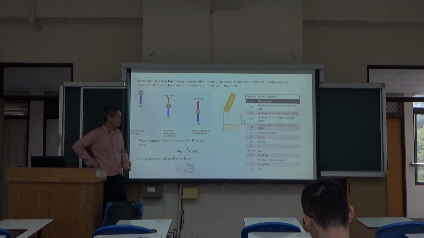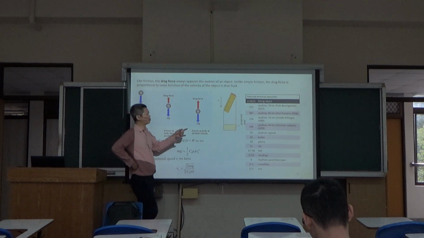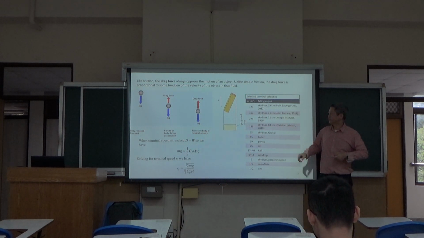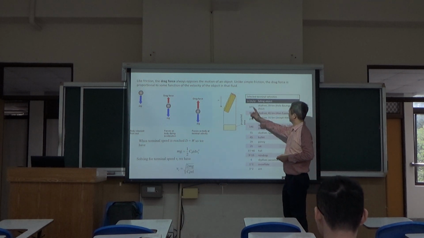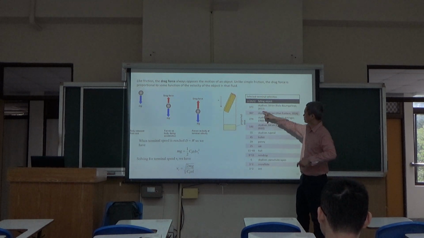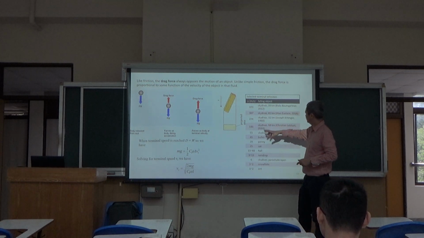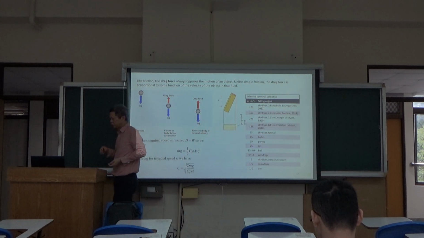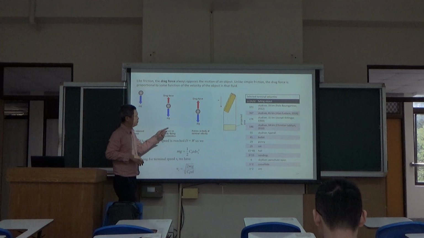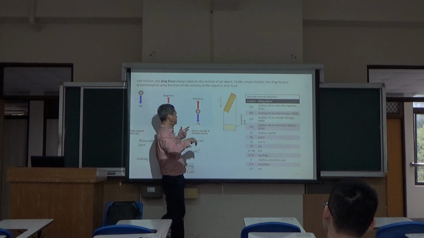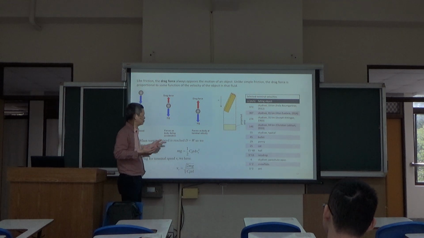But without the parachute, your speed is too high. 373 meters per second is almost the speed of sound. You are free falling much faster than sound, and landing at that speed is too dangerous. So what do you do? You need a parachute to increase the drag force. This increase in the drag force is achieved by a larger area.